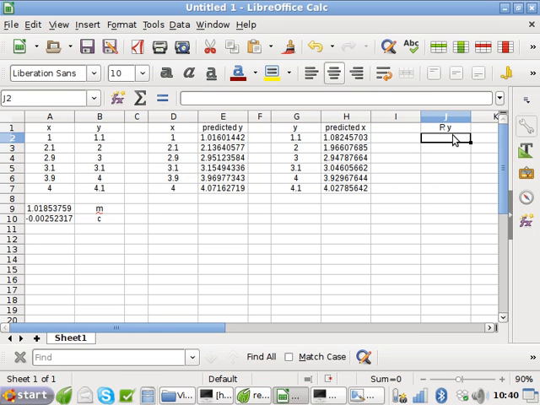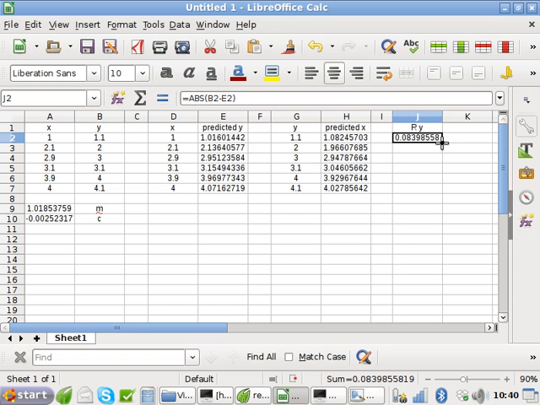Now we have to use a function called ABS. ABS means just give the positive number, absolutely positive. Don't care about the minus sign. So we do ABS, the y we actually got minus the predicted y. So you can see it's a small number. All of these will be small numbers.